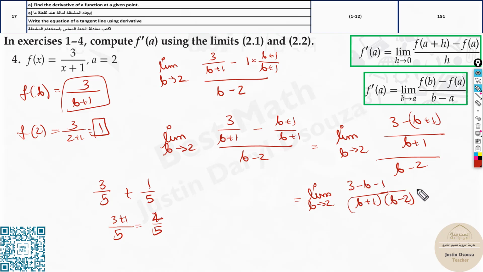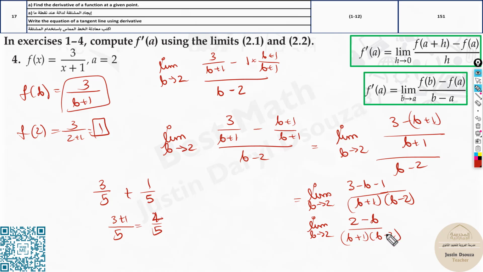Now what happens up over here? It will be limit as b tends to 2. 3 minus 1 will be 2. Okay, so I'll write this first, 2 minus b. Now there is a little bit of a problem. Plus 1 and b minus 2.